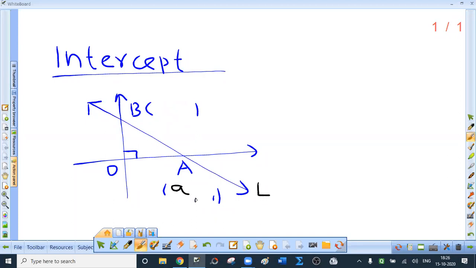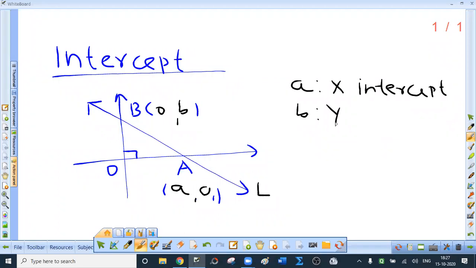So the line cuts the x-axis in the point A0 and the y-axis in the point 0B. In this case, we say that small a is the x-intercept. And what is small b? It is nothing but the y-intercept.